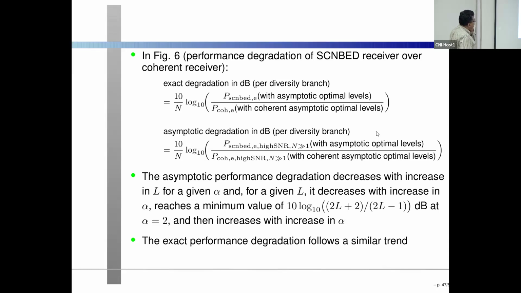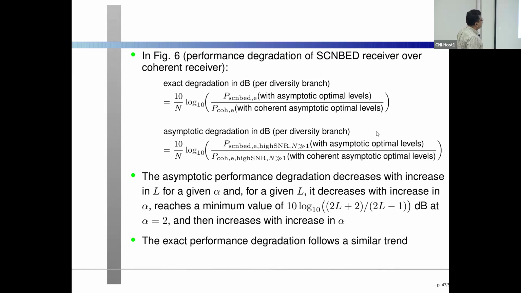The asymptotic performance degradation increases in L, and it reaches a minimum value of 10 log of (12 plus 2) by (12 minus 1), which is basically, if L is large, it will be 0, right? How much will it be if L is large? It will be 0.